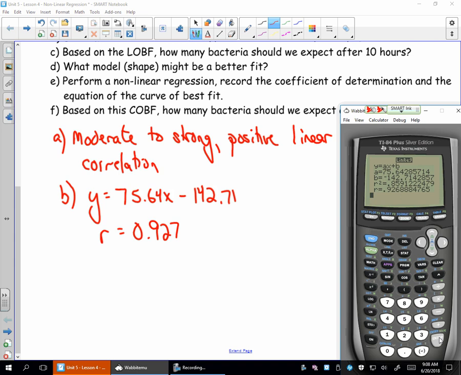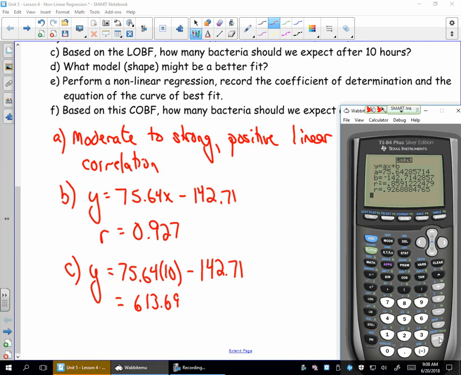Okay, based on the line of best fit, part C, how many bacteria should we expect after 10 hours? Well, assuming that it kept growing linearly, it would follow this pattern, we could type this into our calculators, and we should get something like 613.69. But we know something.